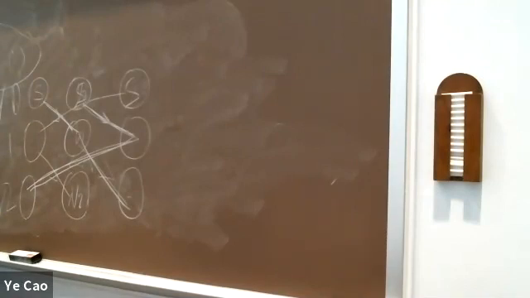What is the complexity of Bellman-Ford? I think I made a mistake here. The previous acyclic one, the complexity is O of E. And so when you multiply by V, the complexity of Bellman-Ford is O of VE.